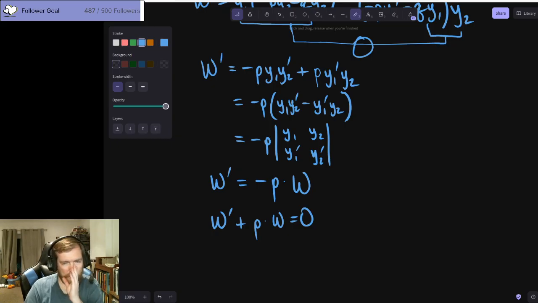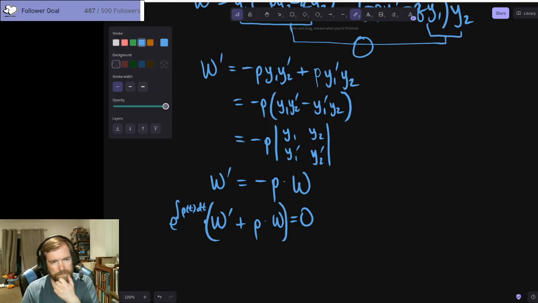So if W is multiplied by e to the integral of p of t dt, then it's either going to take the derivative of W and leave the e alone, or it's going to take the derivative of the e term, which knocks down the derivative of the integral of p, which is just p, times our Wronskian left alone.